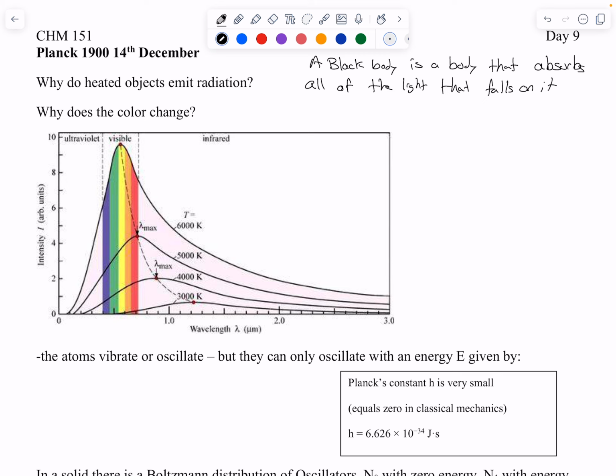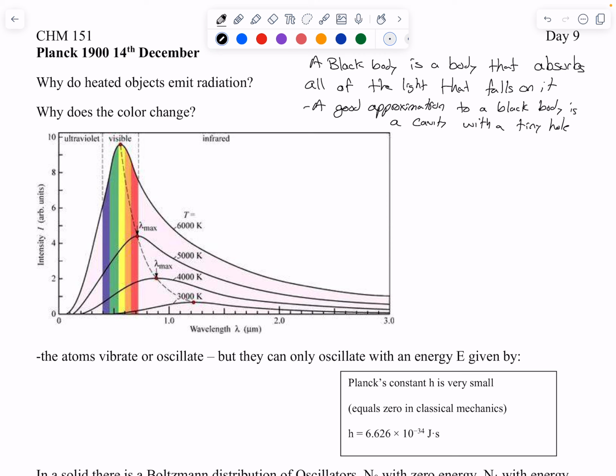So a good approximation to a black body is a cavity with a tiny hole.